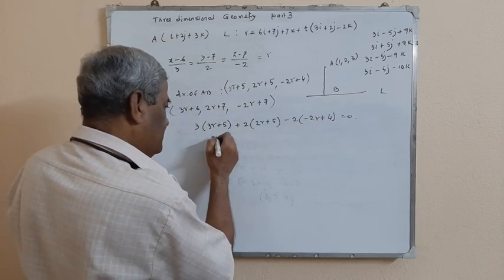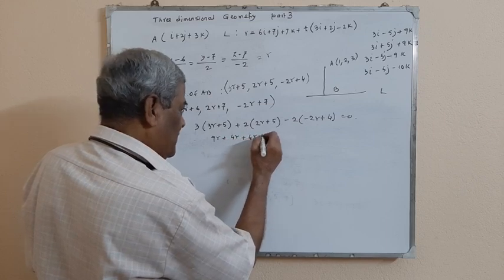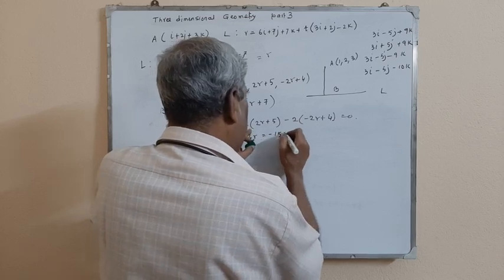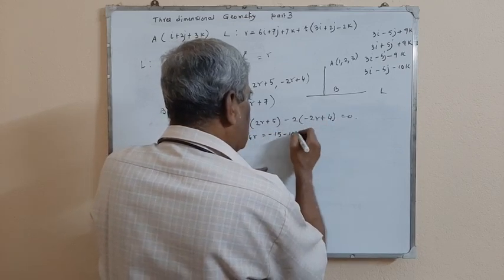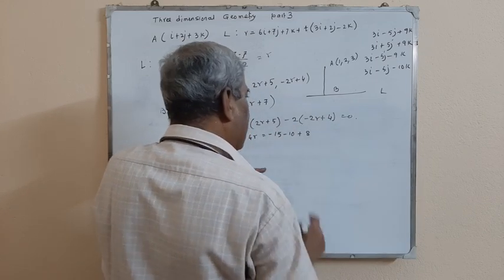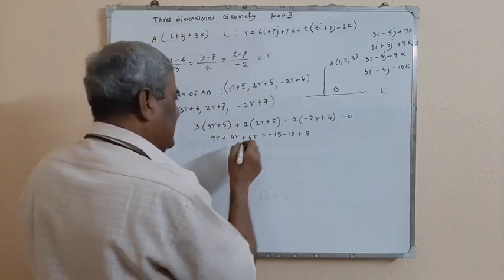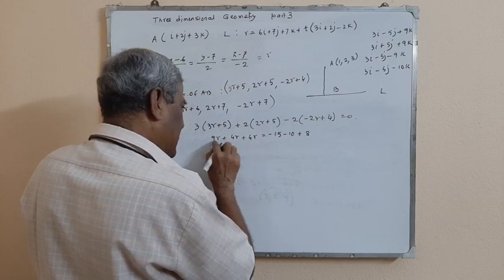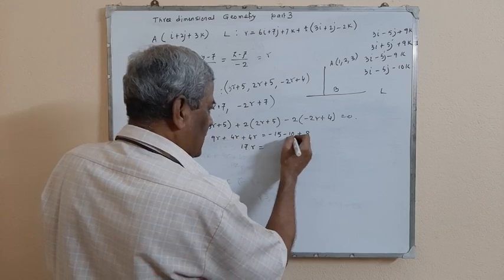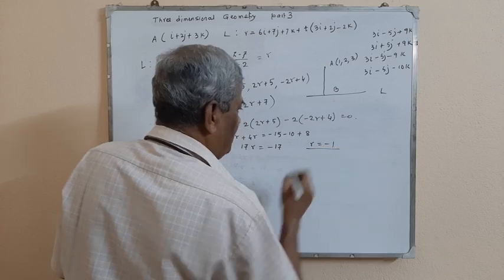That is 9R plus 4R plus 4R is equal to minus 15 minus 10 plus 4, and this is 8 on that side, so we get 17R is equal to minus 17. So R is equal to minus 1.